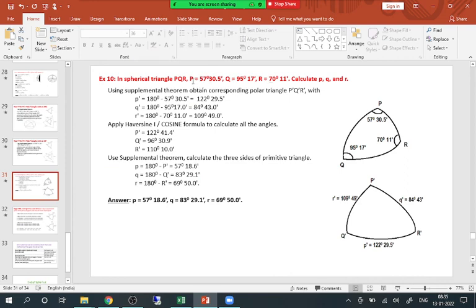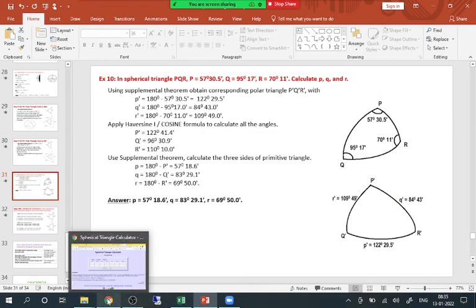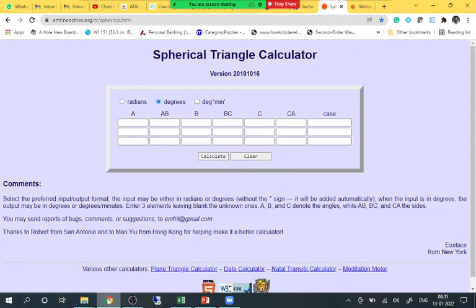So let me assume capital P is A, B, C, that way. So capital P is nothing but capital A, and for capital A I can enter 57.51. Okay, so that is capital P. This is one value we have.